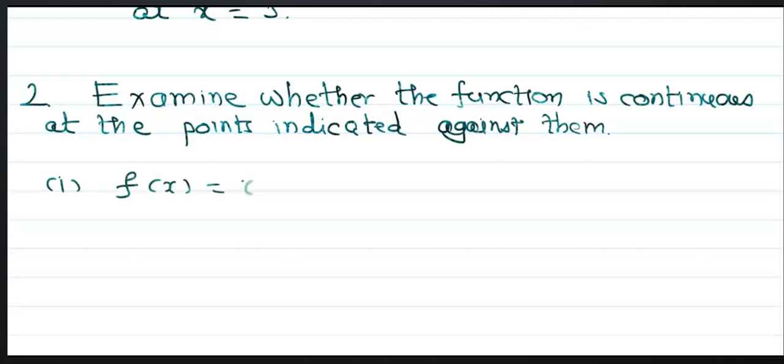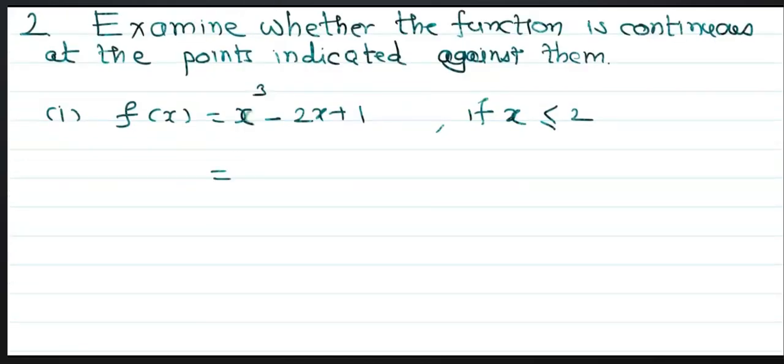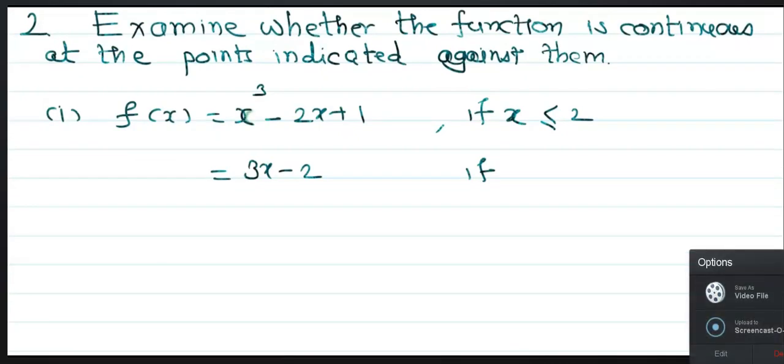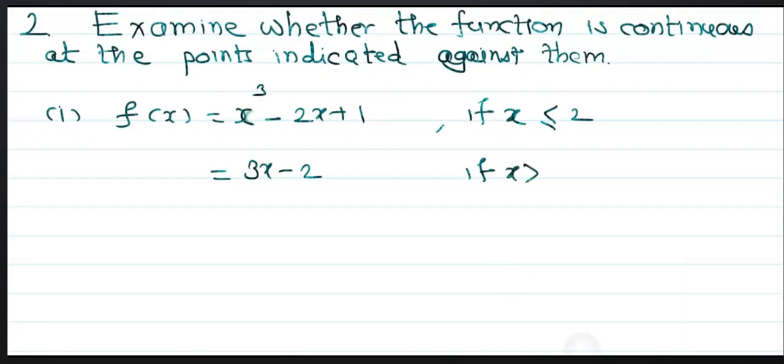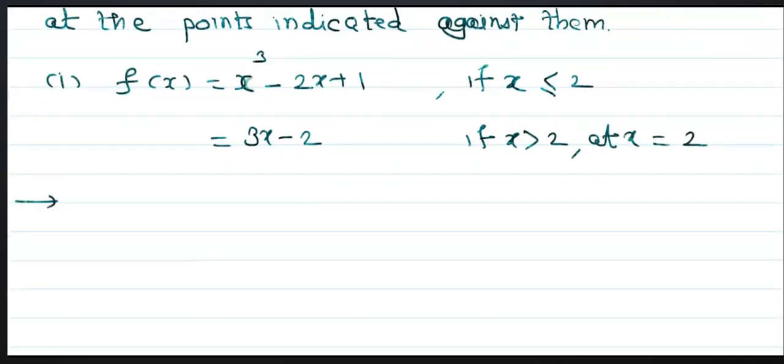The first is f of x is equal to x cube minus 2x plus 1, x is less than or equal to 2. f of x is equal to 3x minus 2 if x is greater than 2, at x is equal to 2.